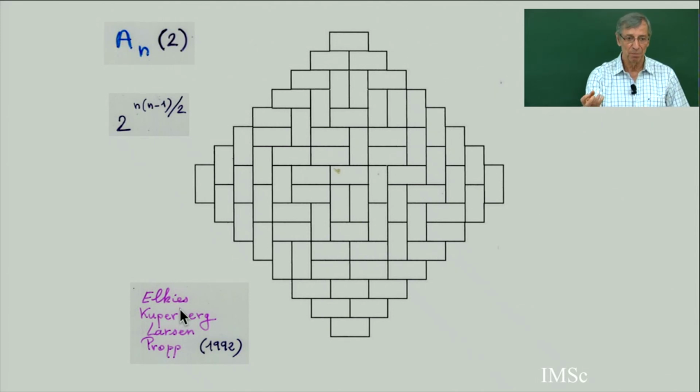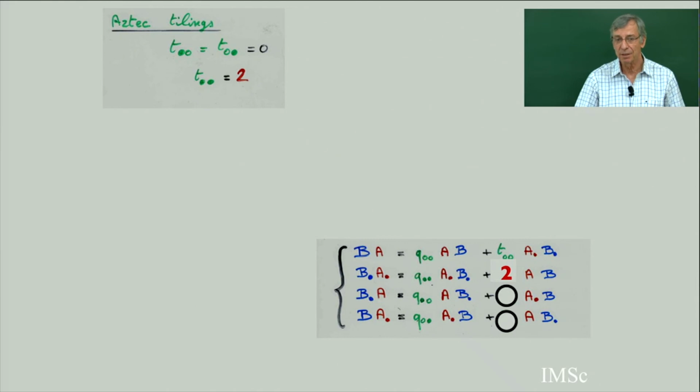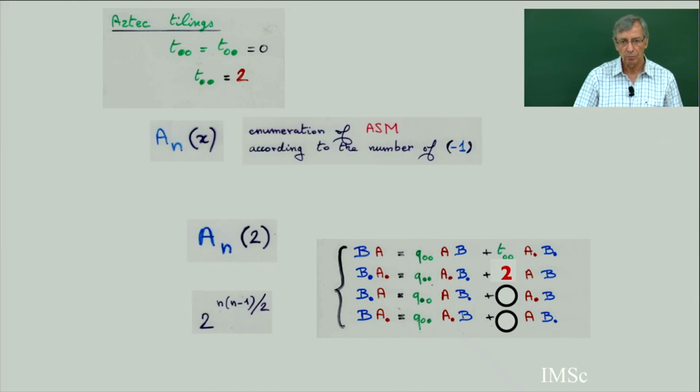Putting a 2 in the polynomial means you put two different colors for the -1. Before, -1 was a red cell, and when I was working with blue and red cells, you have two different red cells. And they give a bijection, and this is A_n(2). So this gives another proof.